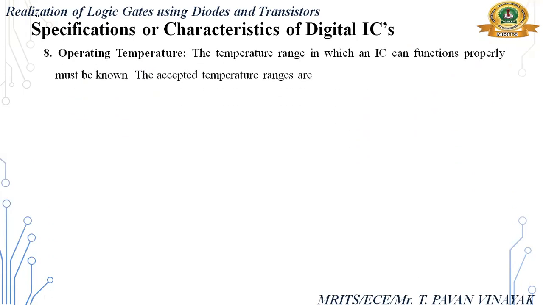The next specification is operating temperature. Operating temperature is also important because, for example, consider your body as a circuit. You can work actively when your body temperature is around 98, 99 degrees Fahrenheit. Only in between these temperatures will you work very actively, right?